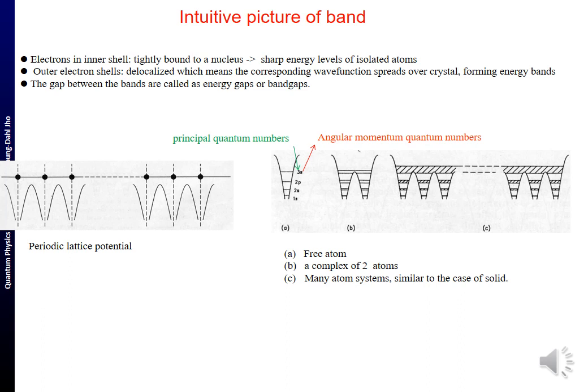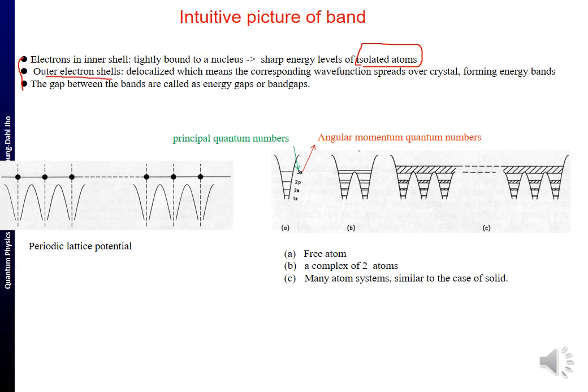Next is an intuitive picture of the band. This is not shown in the textbook. Still, it is okay, I'll just explain its meaning. If you read through these contents, it's good enough already. Electrons in the inner shell of atoms are tightly bound to the nucleus, so we have sharp energy levels of isolated atoms.